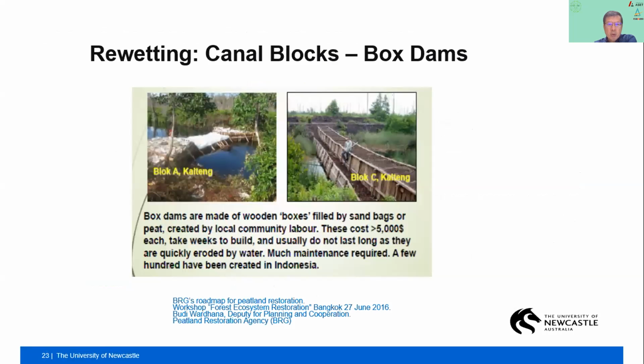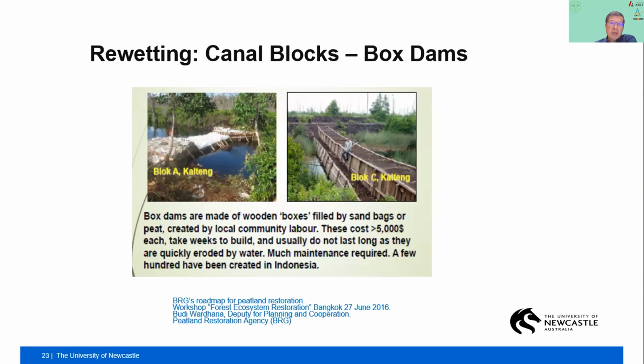So coming to re-wetting, there are different types of canal blocking. As was discussed earlier, the canals are not natural. They are dug many kilometers in the peatland by the plantation groups or concessions that are draining the peatlands for agriculture.